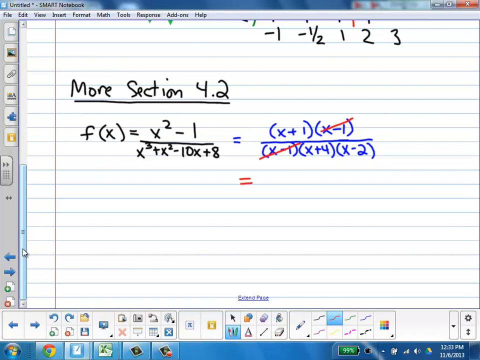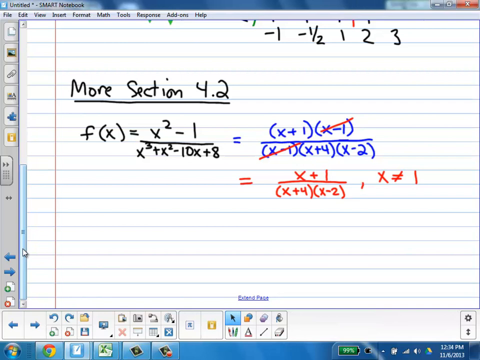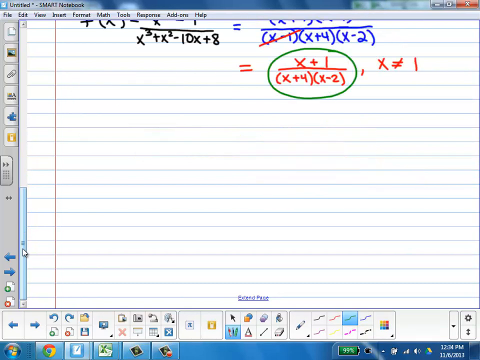So our original function is actually equal to x plus 1 over x plus 4 times x minus 2, as long as x doesn't equal 1. X equals 1 does not give you a vertical asymptote. We crossed it off. It's not on there. The graph is going to be a lot like this function with one exception, and we'll get to that shortly.